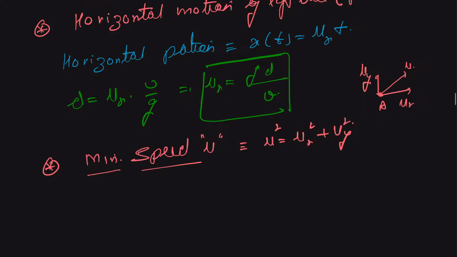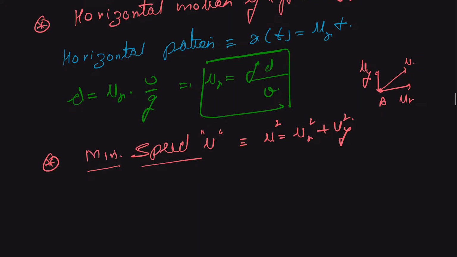So we substitute u x and u y, and we get u square equal to g d upon v, whole square, plus u of y, which is v square.